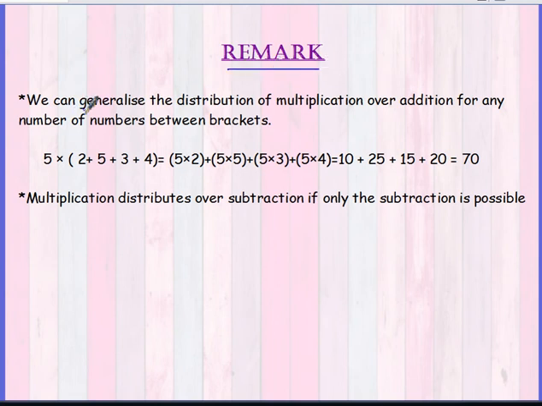Remark: we can generalize the distribution of multiplication operation over addition operation for any number of terms between brackets. 5 times (2 plus 5 plus 3 plus 4) equals 5 times 2 plus 5 times 5 plus 5 times 3 plus 5 times 4 equals 10 plus 25 plus 15 plus 20 equals 70.